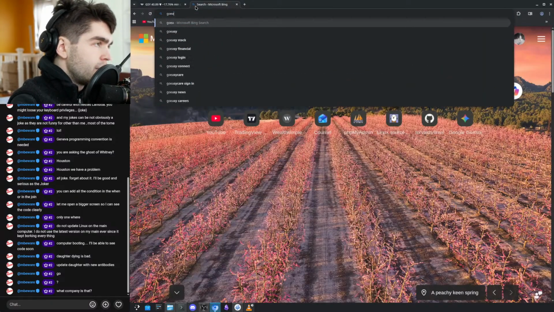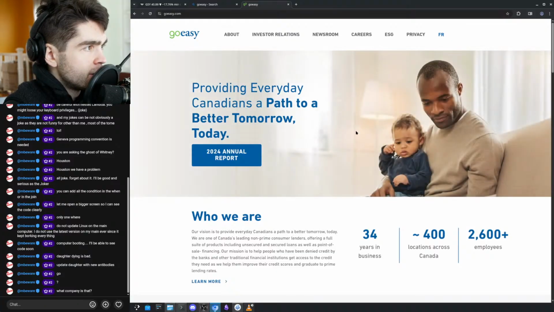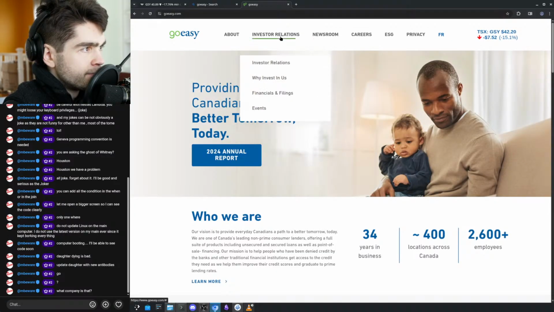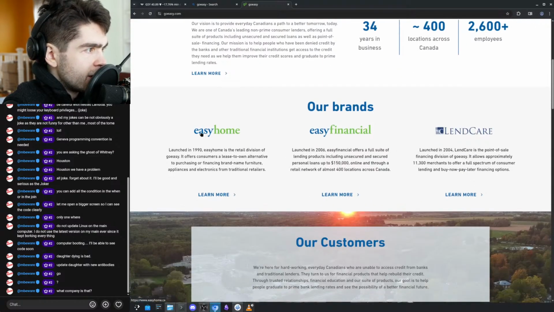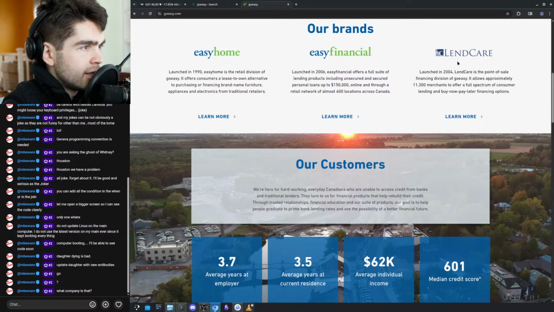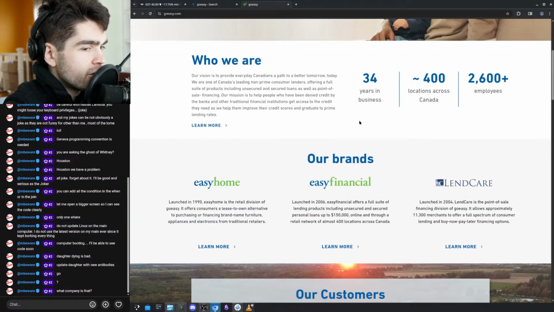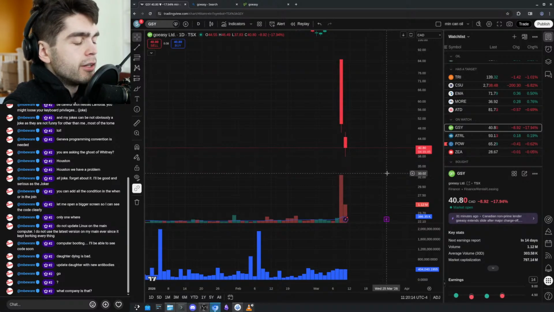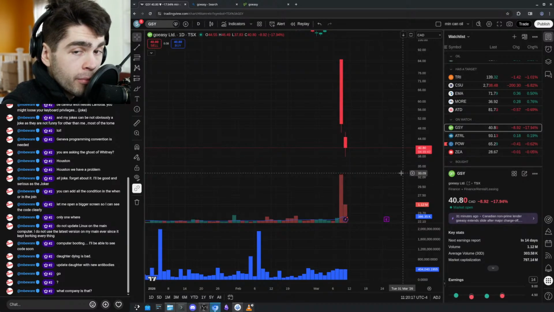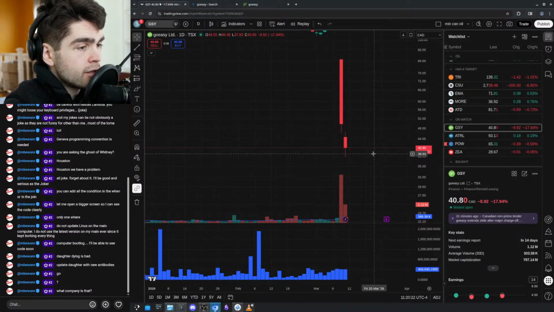If we write Go Easy, they have multiple things. So can we have the... Oh yeah, okay. Easy Home, Easy Financial, Lending Care. So they offer like shitty loans at high interest rate to people that are clearly most likely not going to give the money back. And yeah, they were accused of fudging around the numbers for their quarterly presentations.